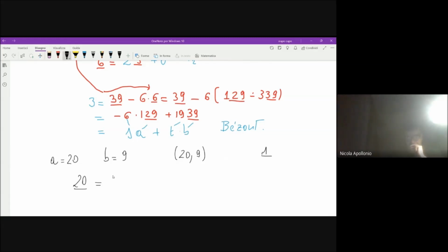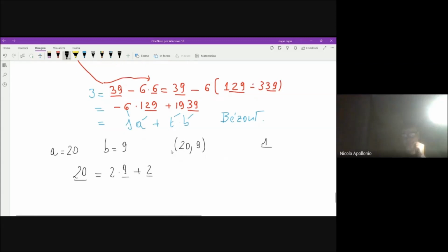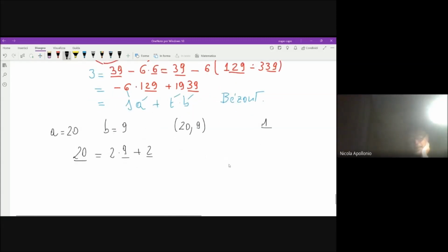So 20 is 2 times 9 plus 2. And this is the first pair. So what the algorithm says now is to divide 9 by 2. So it is 4 times 2 plus 1. And we are done essentially.